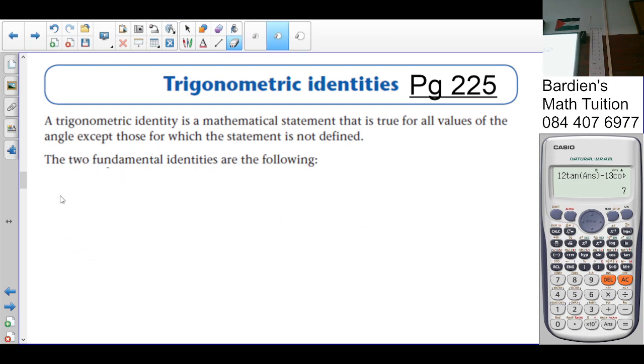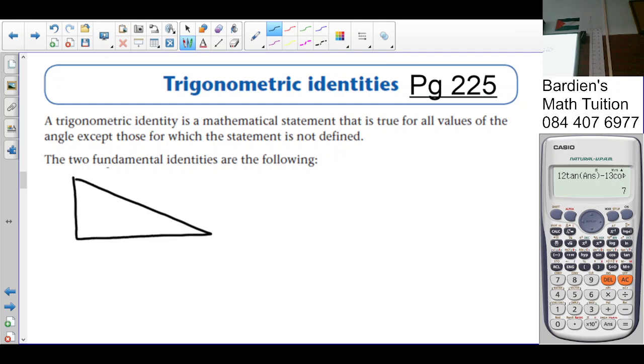Who's the daddy? You all want to know who's the daddy. So basically what happens is, if this is your angle theta, and this is your 90, then this is your opposite, and your adjacent.